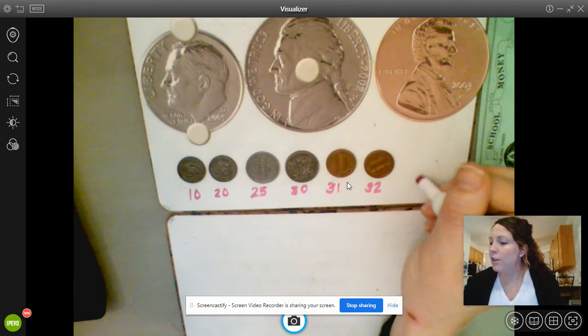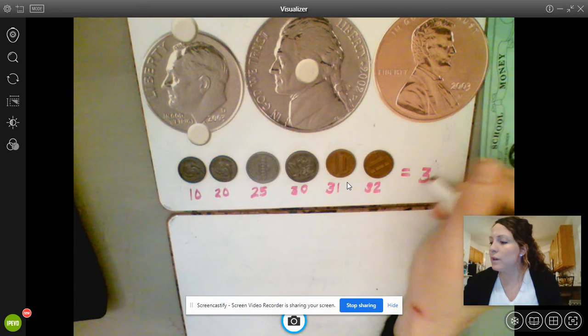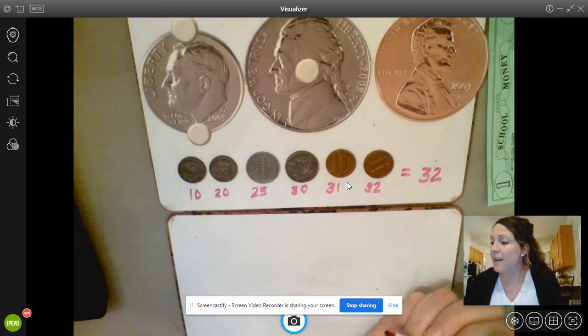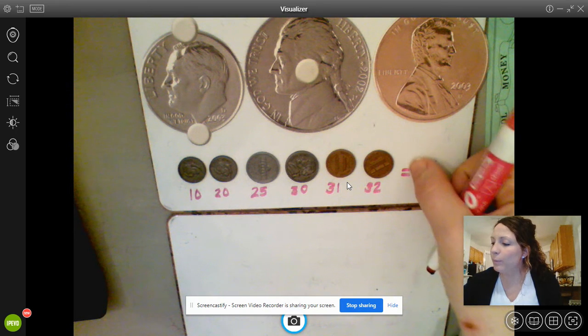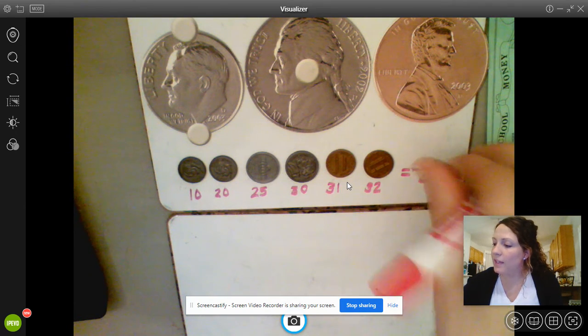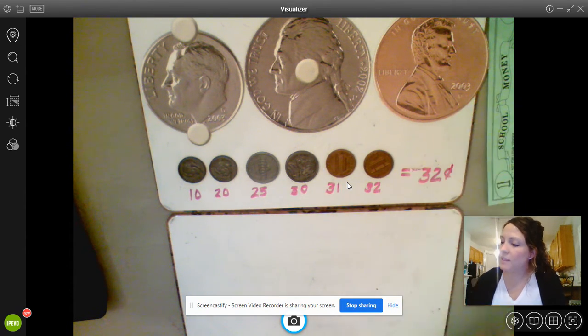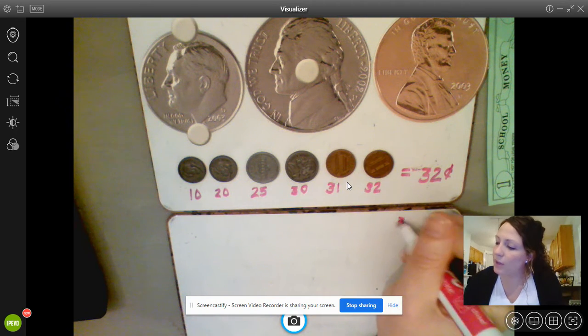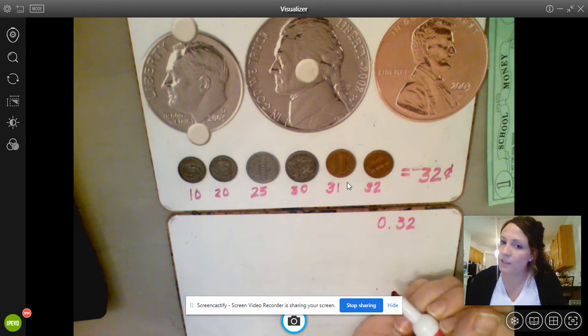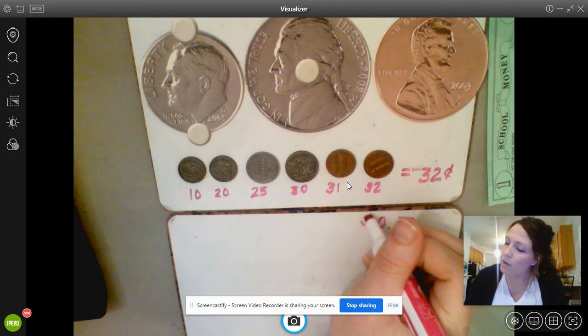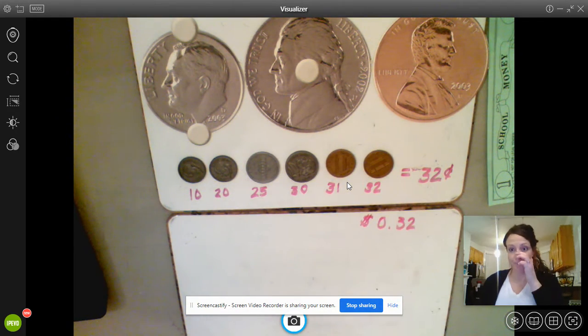So I have 32 cents. And I could write that with my cent sign there, or I could put 32 with a 0 and a decimal in front with my dollar sign.